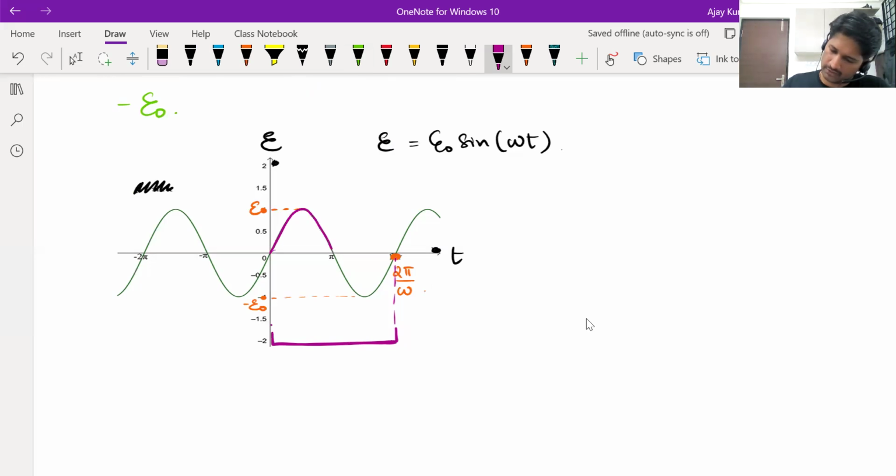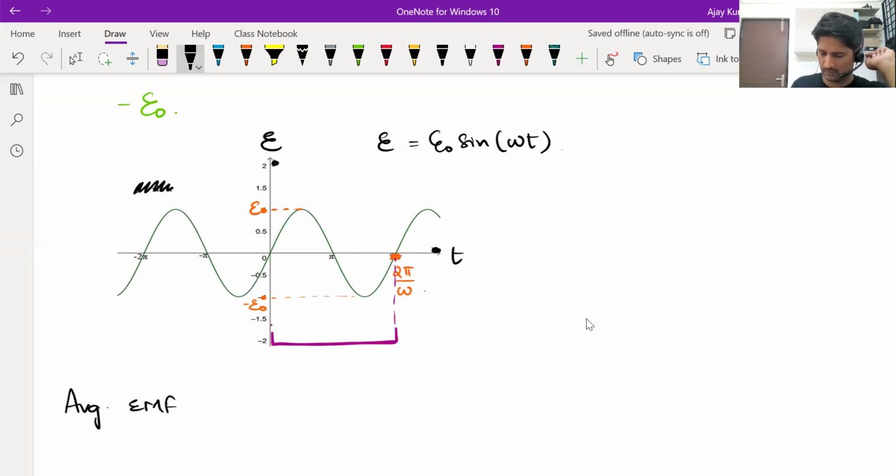Again, it is going down to 0, then going down to minus 1 and going back to 0. So there are some positive values and there are some negative values. Based on your own logic, Rishi, tell me, what do you think is the average value of EMF during this interval? 0, sir.